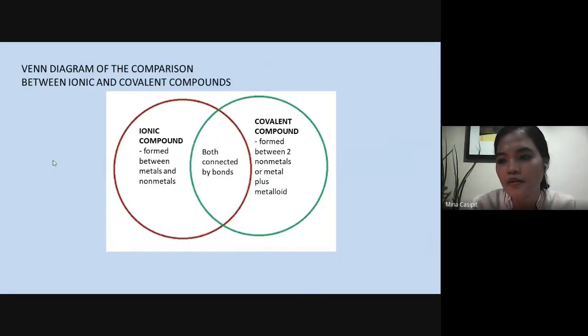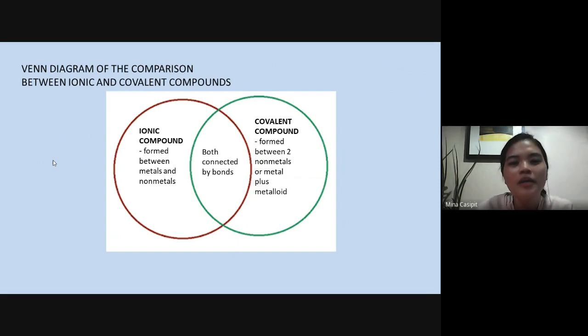So we have here Venn diagram showing the comparison between ionic and covalent compounds. So when we say ionic compound, ano yon? Formed between metals and non-metals, and covalent compound naman formed between two non-metals or non-metal plus metalloid. And then they are both connected by bonds. So ano yung klase ng bond na nagko-connect sa ionic compounds?